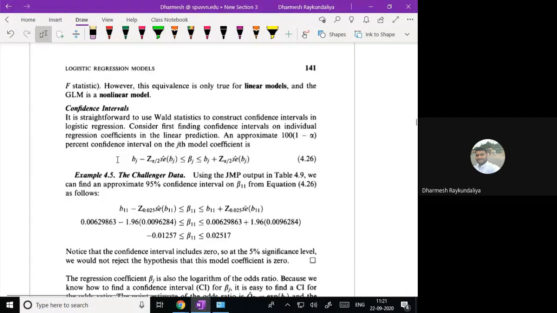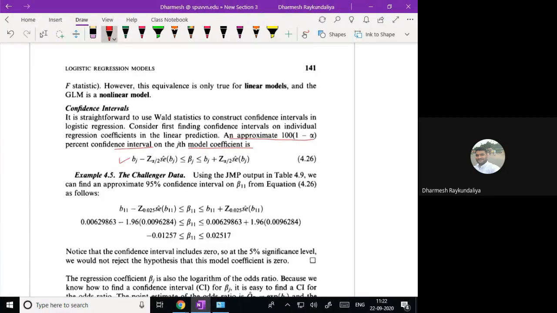So once the testing of hypothesis problem is worked out, now you wish to develop the confidence interval, because now you know the form of the test statistic and you know the standard error of the estimate. So you can easily obtain the 95% confidence interval. You can say the approximate 100 times 1 minus alpha percent confidence interval on the jth model coefficient.